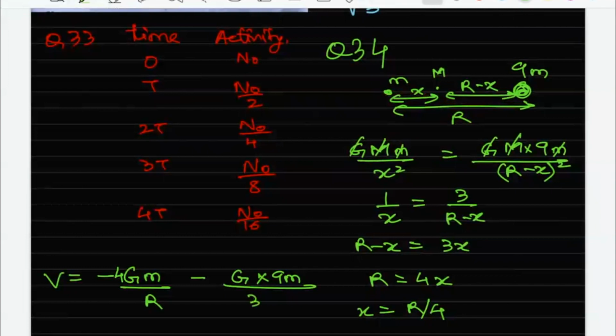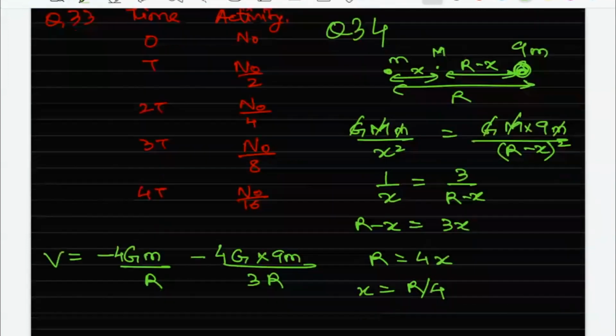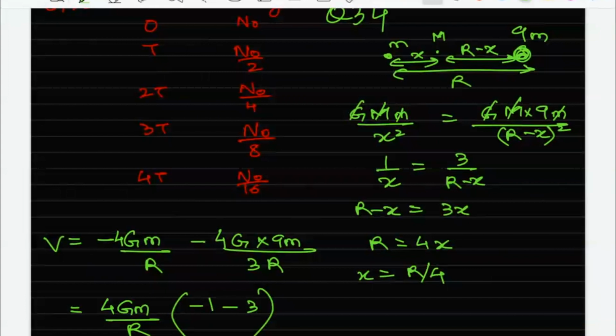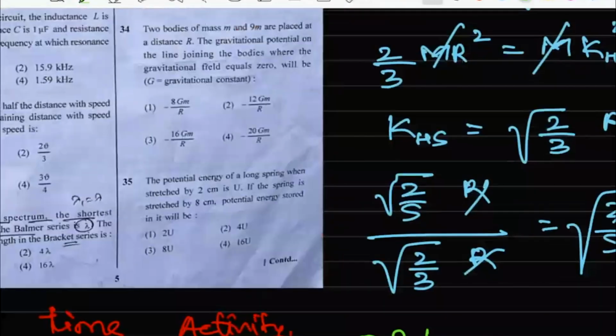So the distance is 3r by 4. So all I have to do now is take 4Gm by r as a common factor. So I have minus 1 plus 3, 4Gm by r is taken out. So I have minus 4 for 16 Gm by r. Is that an option? Yes, that is an option.